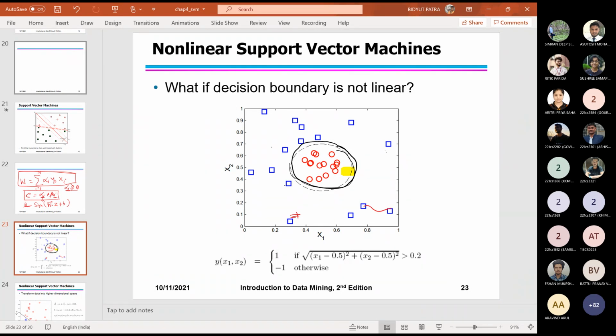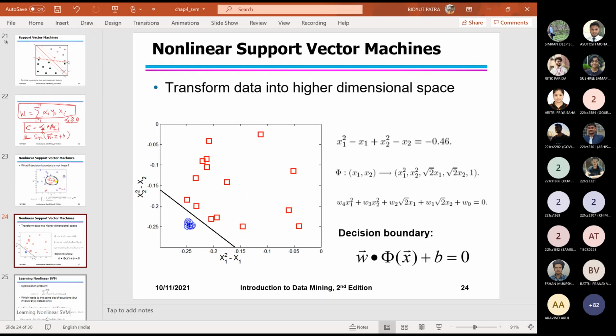Okay, so if it is greater than, so it is a square, otherwise inside it is a negative class. Okay, to solve this problem, what is done is we project all these samples into some higher dimension. So here we have 2 dimensions. What can be done, we can introduce 1, 2, 3, 4, 5 dimensions.